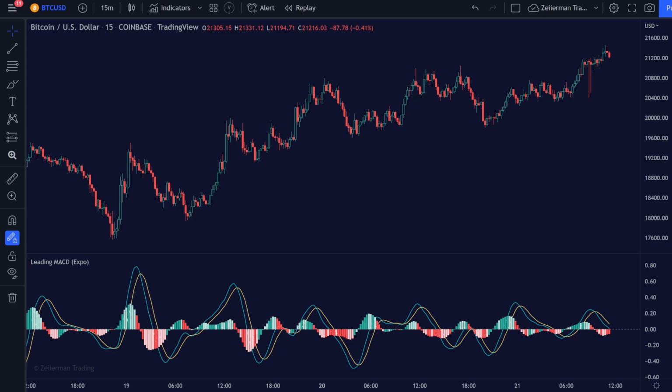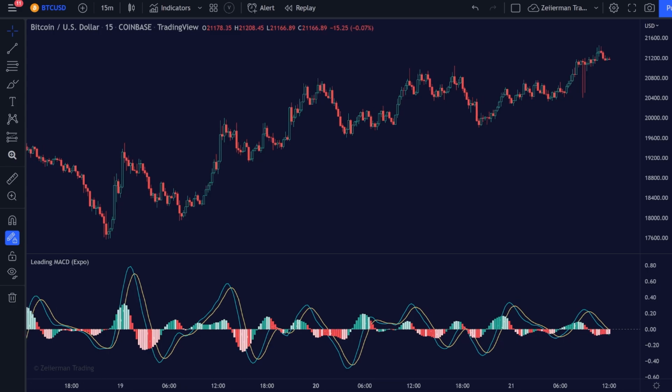And this leading MACD indicator takes all advantages from the traditional MACD and converts it into a fast-moving oscillator that provides you with real-time insights about potential future price moves. So this indicator looks ahead and helps traders to prepare for a potential move. And that is the base idea with this indicator.